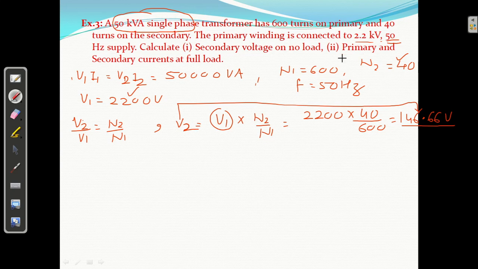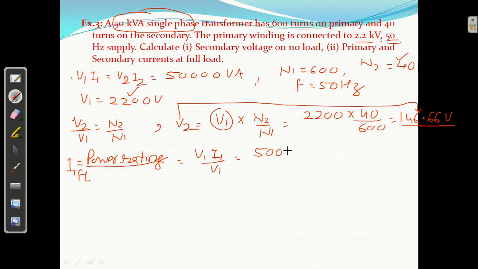Second answer, primary and secondary current at full load. We know power rating on primary side, that is V1 I1. If you divide it by V1, you will get I1 at full load. What is the V1 I1 rating?